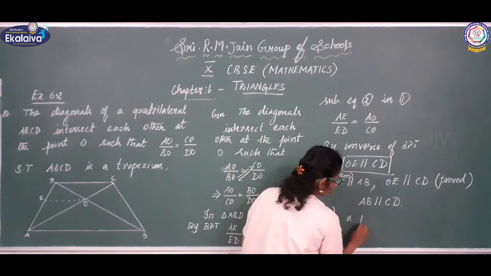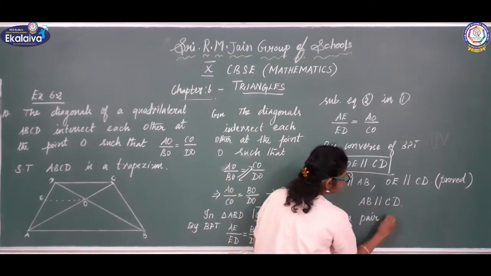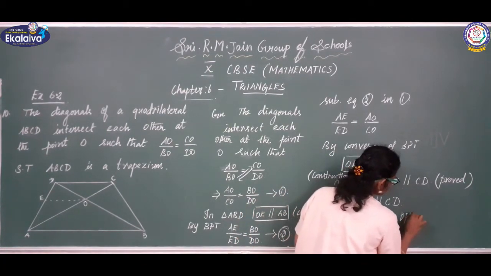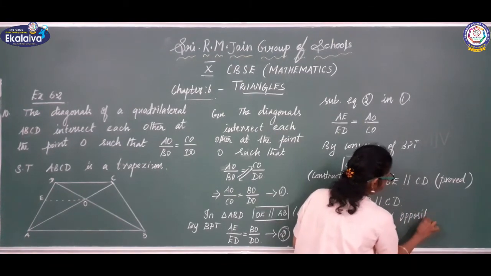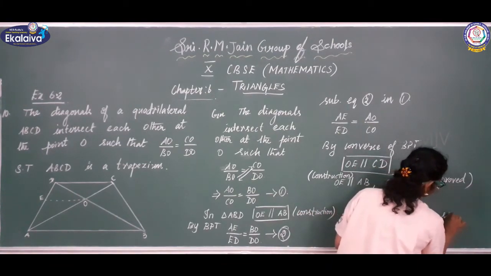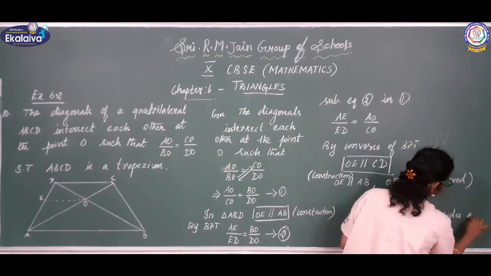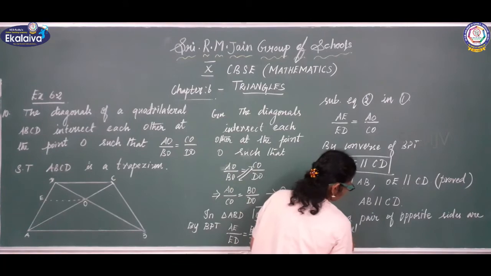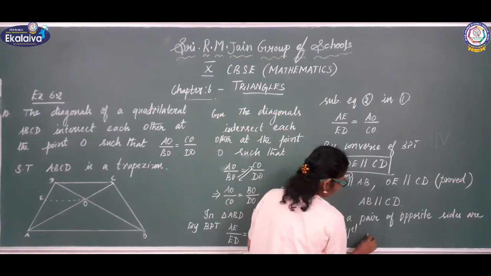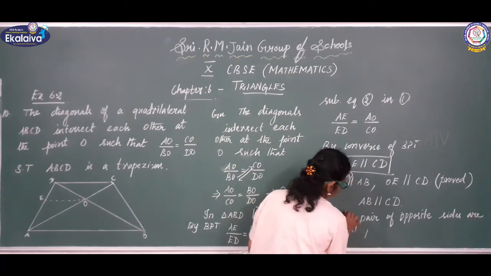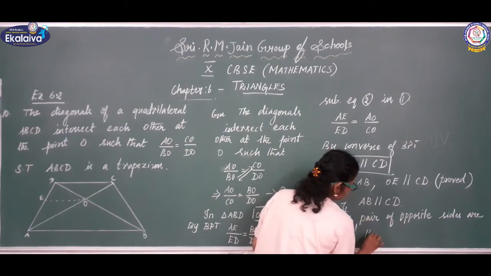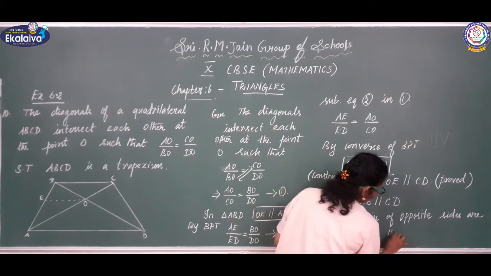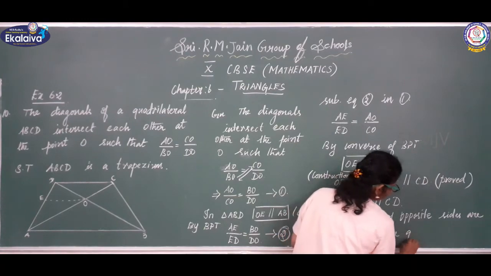Therefore, a pair of opposite sides are parallel, then the quadrilateral is a trapezium.